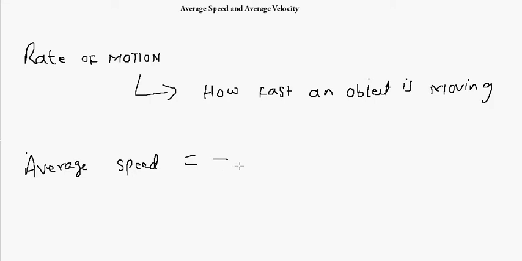Average speed is defined as the ratio of the distance traveled to the total time taken. Since the distance is positive and time is also positive, the average speed is always positive.